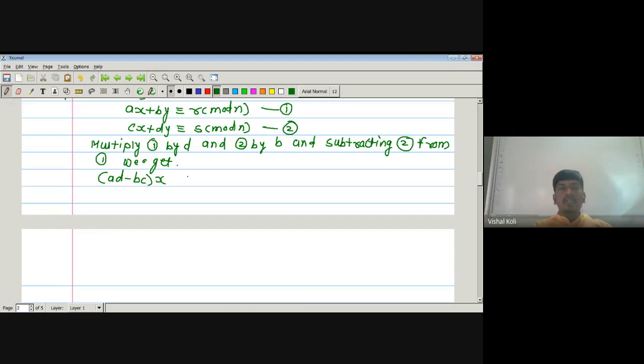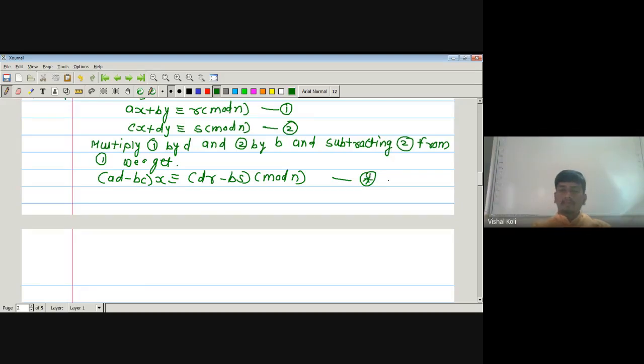Now b into dy minus b into dy gets cancelled, which is congruent to dr minus bs modulo n, from the properties of linear congruence. So here we get (ad minus bc)x is congruent to dr minus bs modulo n. Take this one as equation star.